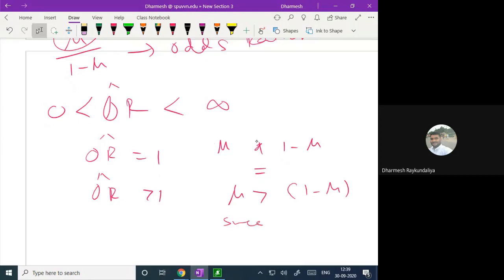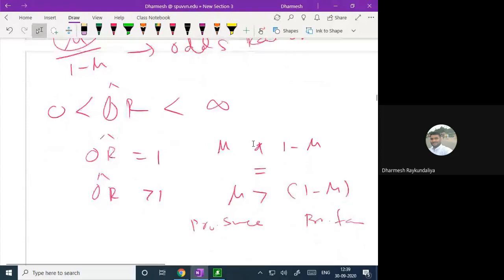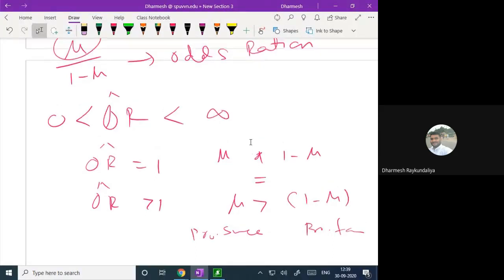So you can say that when the odds ratio is greater than 1 compared to the reference, you have a higher probability of success. That success may be anything that you have to decide on while choosing the variable.